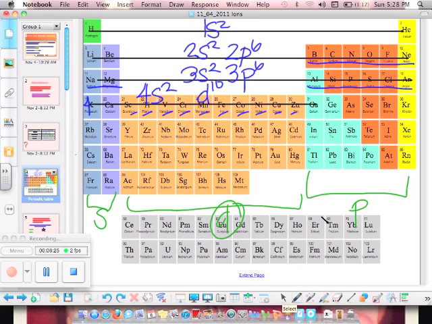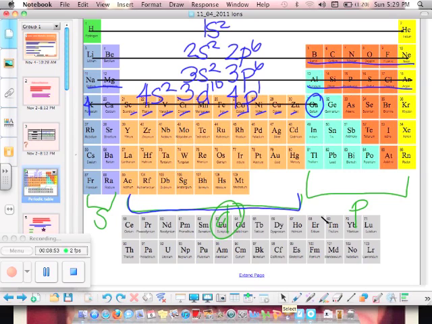Correct. I need to go one level below, which means this D section is actually part of 3d10. Okay. So once I'm in this D section right here, my level is actually one less than the row that I'm at. And if I finish this off, I have one electron, which is in level 4p1.